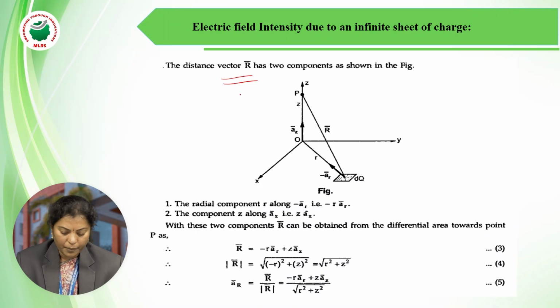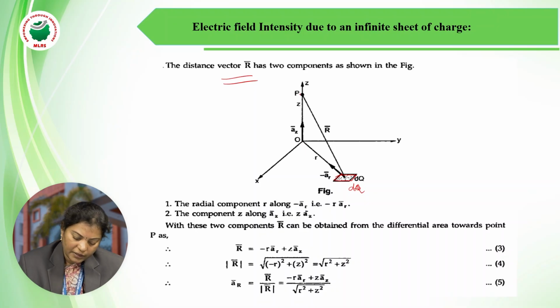It has two components, which are shown in the figure like this. Here we have a differential surface area which carries the differential charge dq. So it is at a distance r, and the point P is located on the z axis at a distance z.